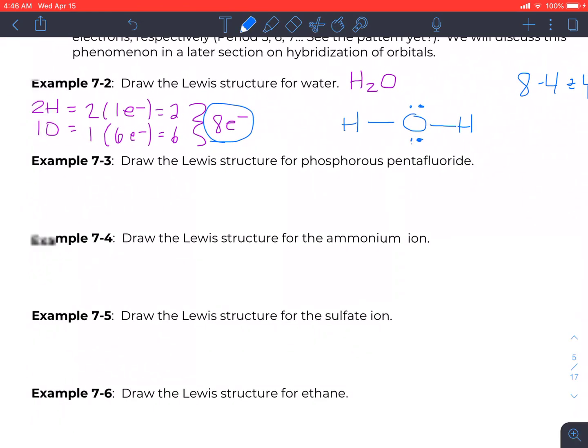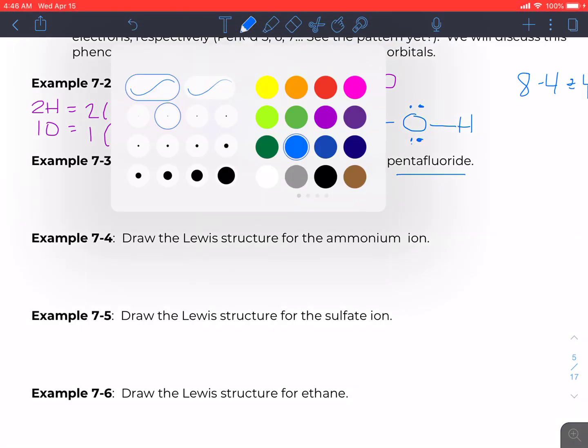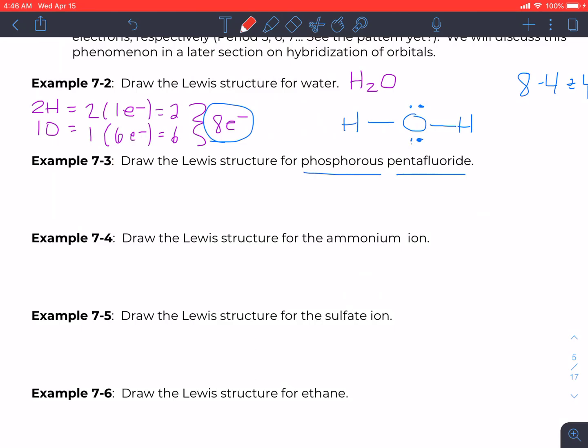Draw the Lewis structure for phosphorus pentafluoride. Okay, so phosphorus pentafluoride, PF5. The first thing I need to do is count the electrons. So 1 phosphorus, 5 fluorine.